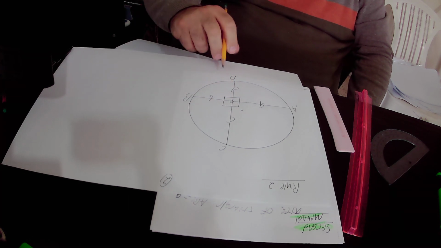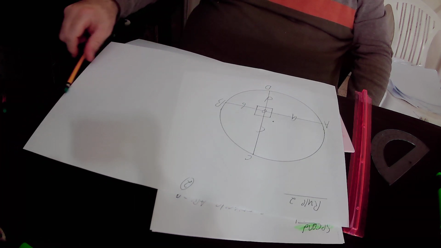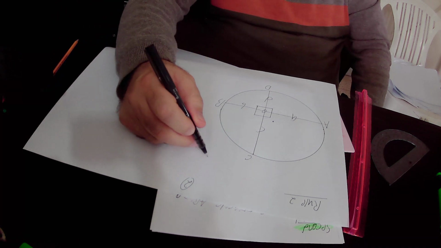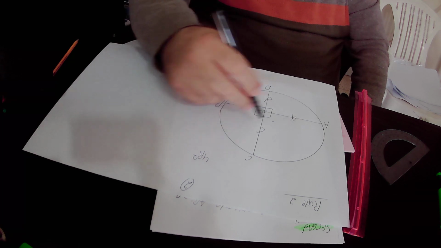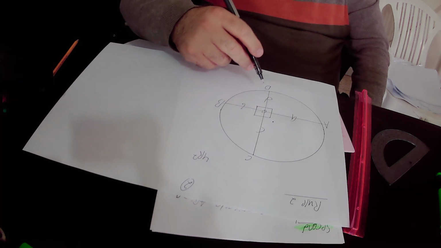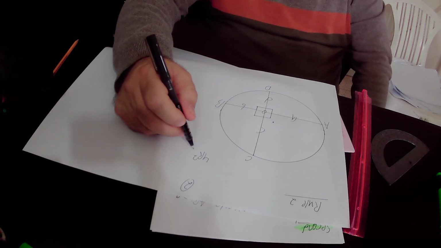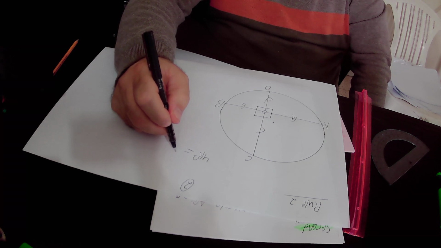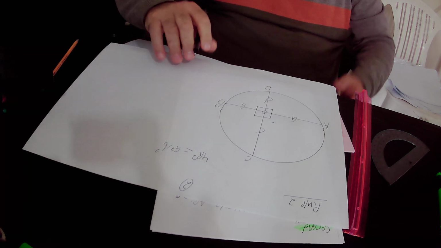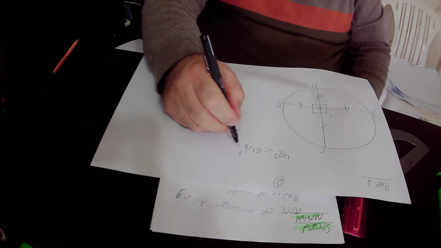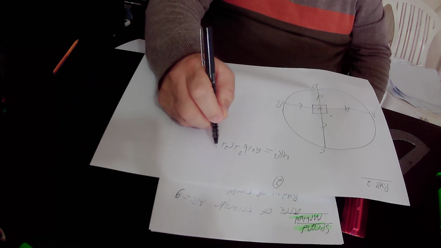Then the following equation is true: 4 times R square, where R is the radius of the circle that contains the two chords, equals A square plus B square plus C square plus D square.